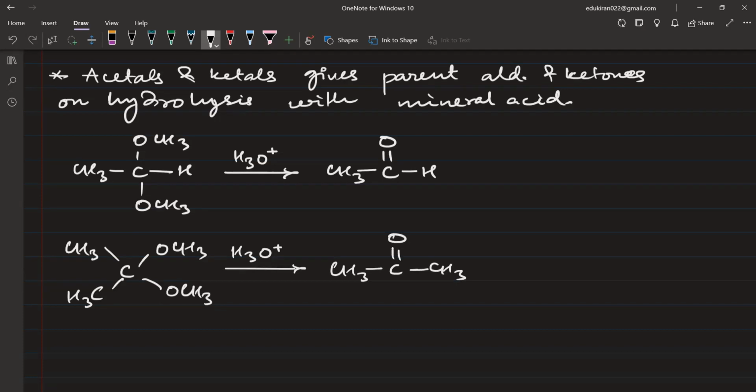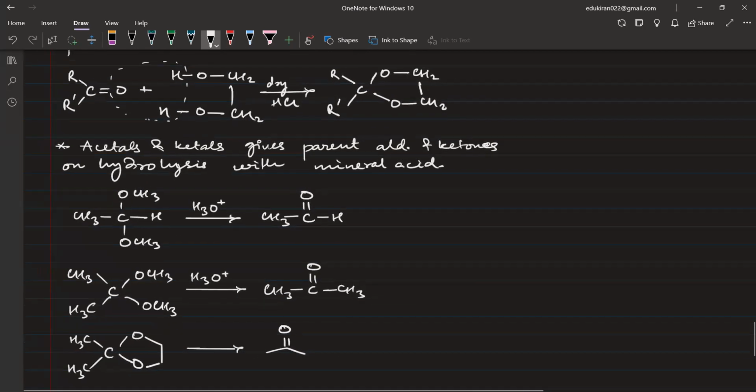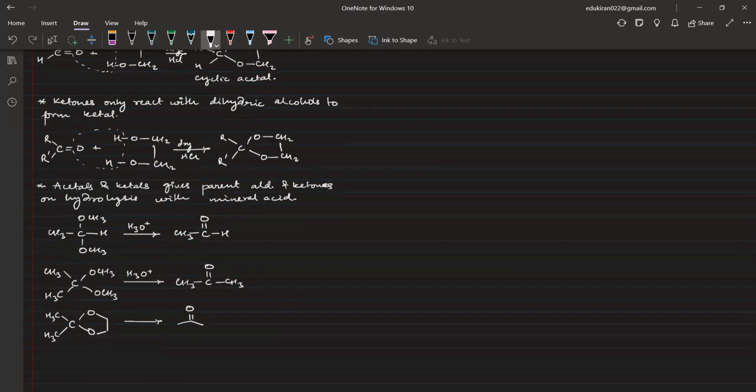So you will add the double bond O. Similarly, you have carbon, the CH3 groups here, oxygen with the CH2. Okay, so this is the cyclic ketal. This is CH3 and CH3. Here also we are going to get the same compound, acetone. Can you please write this down? This is also H3O+.